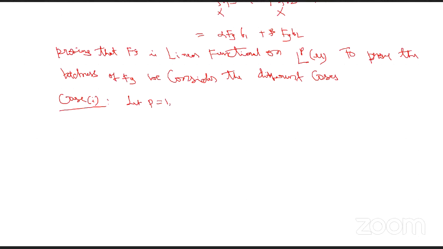Three cases. Suppose p equal to 1, so that q equal to infinity.